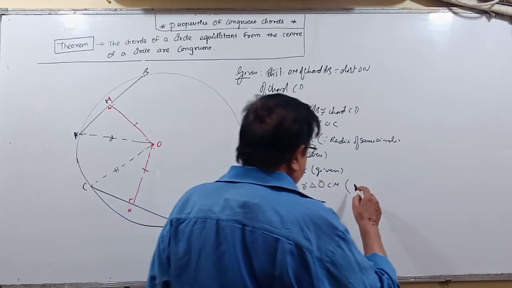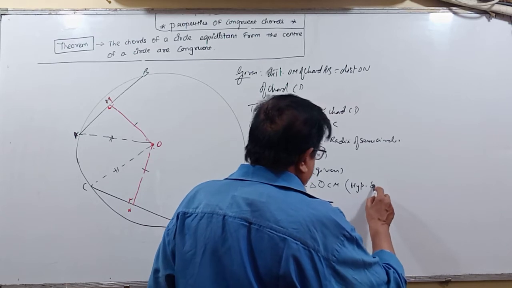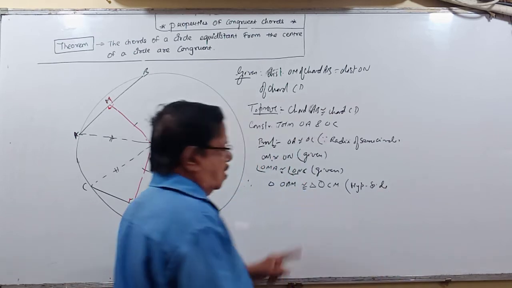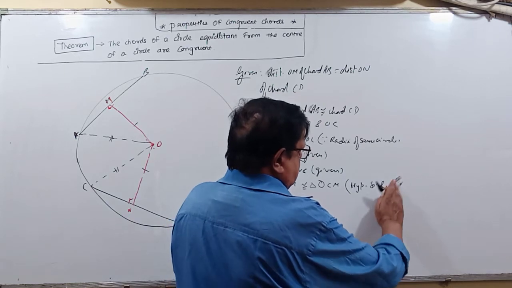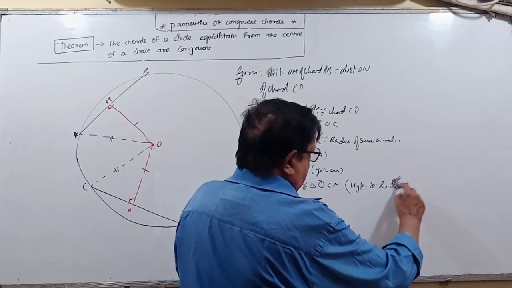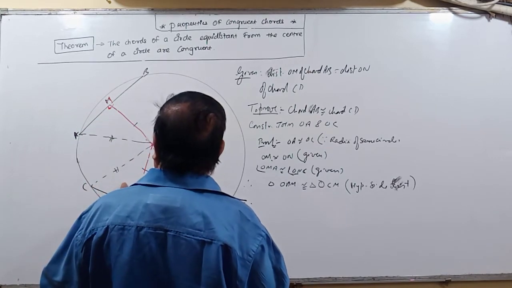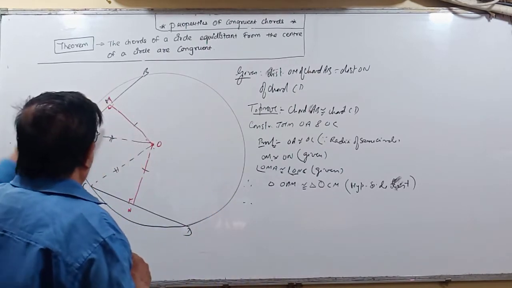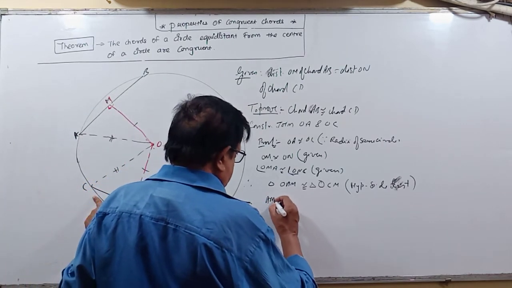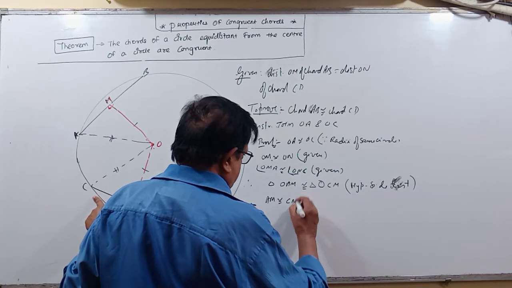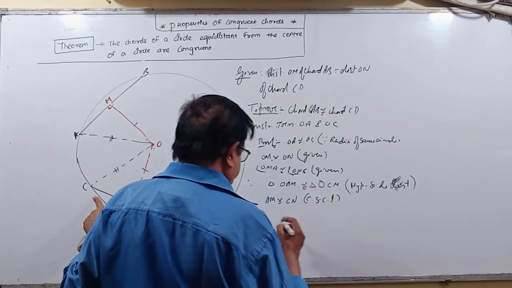By the hypotenuse side test. Therefore, since these two triangles are congruent by the hypotenuse side test, AM is congruent to CN, as corresponding sides of congruent triangles.